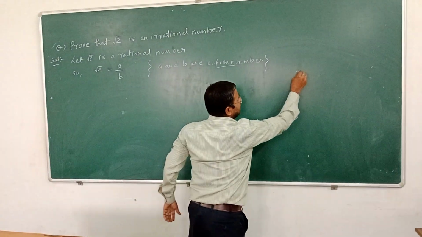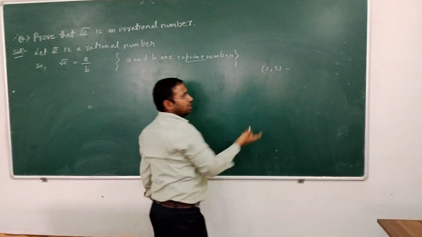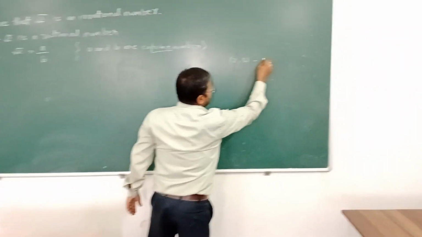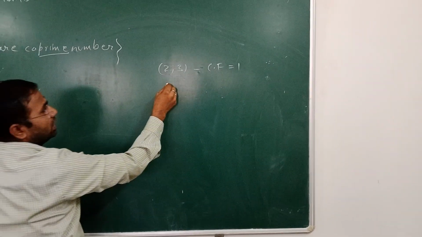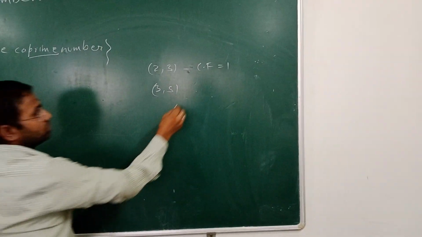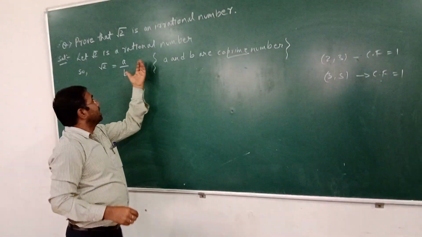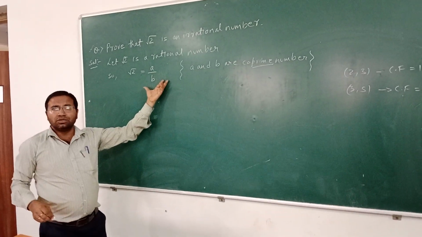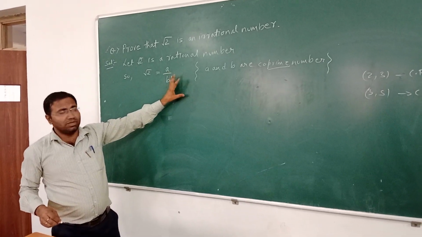Suppose we are taking 2 and 3, both are prime numbers and their common factor is 1. Suppose you are taking 3 and 5, then their common factor is also 1. So a and b will be co-prime, meaning their common factor will be 1.